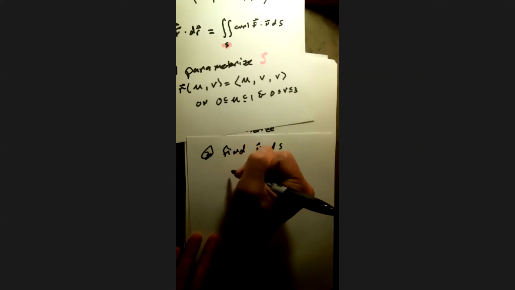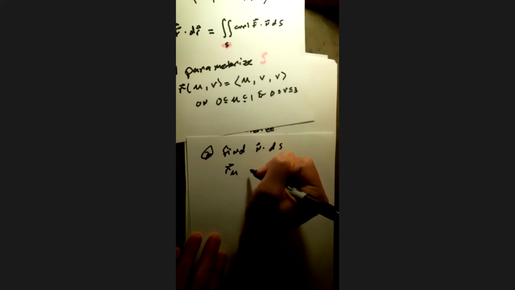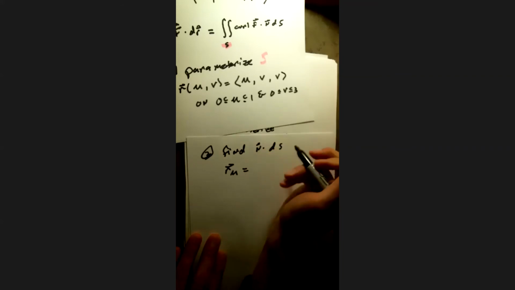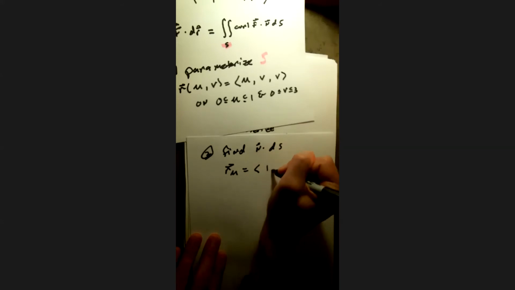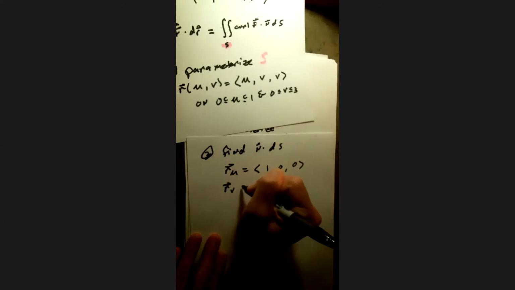So we need to find r_u. So r_u will be 1, 0, 0, and r_v is 0, 0, 1, 1. Yep, we like this. This is looking good.